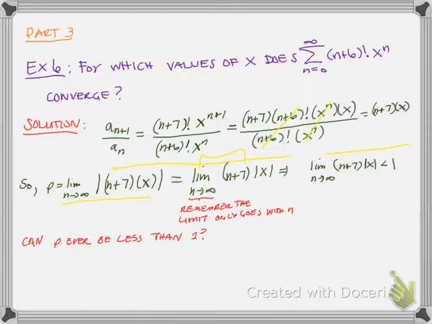Now we have to be very careful, because you just want to say it's going to infinity, which is greater than 1, so it's going to diverge everywhere, right? But always keep in mind there is at least one point that will converge on your interval, namely the trivial case when x is equal to c. And in this case, c is what? 0, because there's no shift in the center.